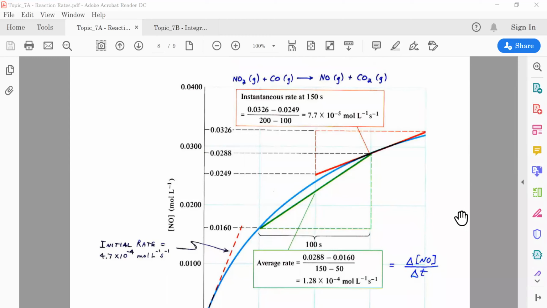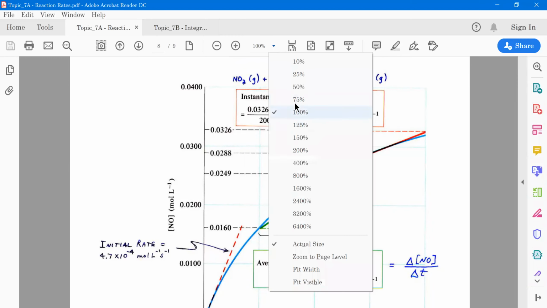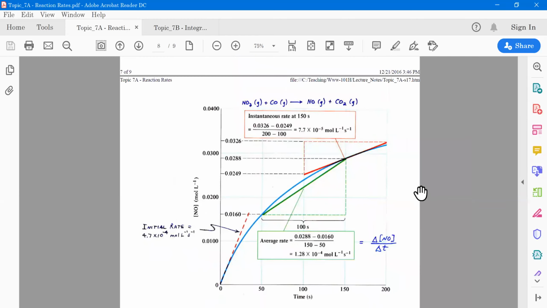The rate at 150 seconds, which is down here, is where this red tangent is drawn to the blue curve, right? And it has a smaller slope, of course, than the one that occurred at time 0, or virtually time 0.